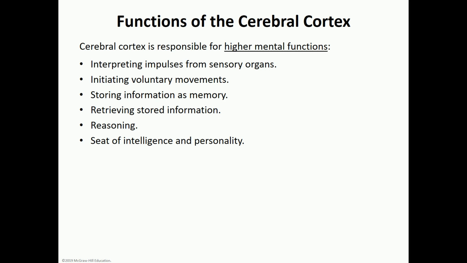It will maybe make me feel happy or make me feel sad. So all of these analytical and processing details are done by the cerebral cortex. You could even retrieve information, so memory, reasoning, decision making, your intelligence and personality, all of these would be thanks to the cerebral cortex.